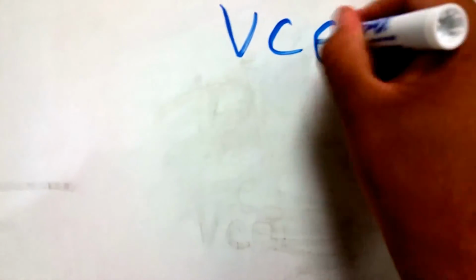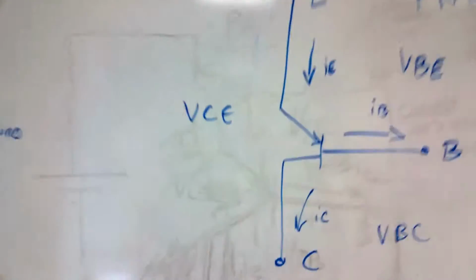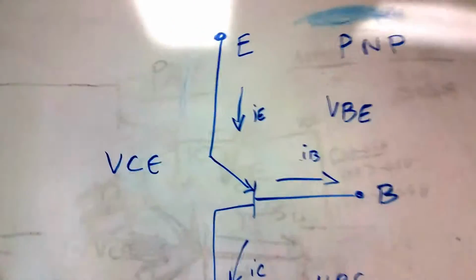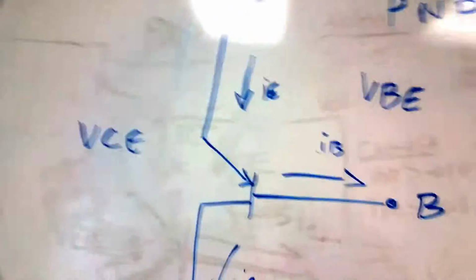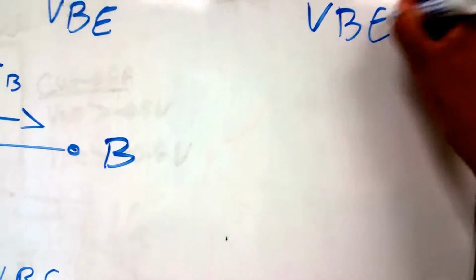On my test, what I did was VCE, so that's what I'm going to do for you guys. VCE. So the way I labeled them right now, VBE, VBC, and VCE, what you guys can do is do a little table right here.